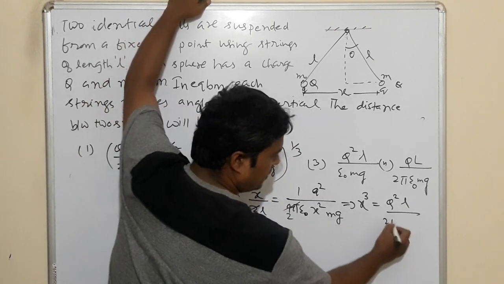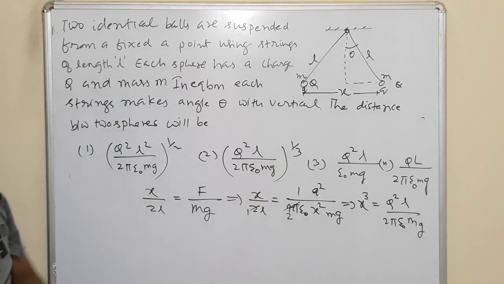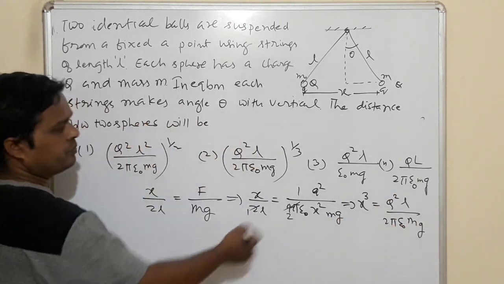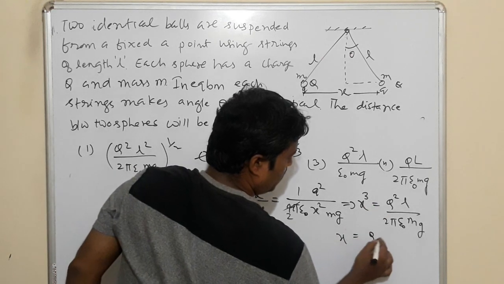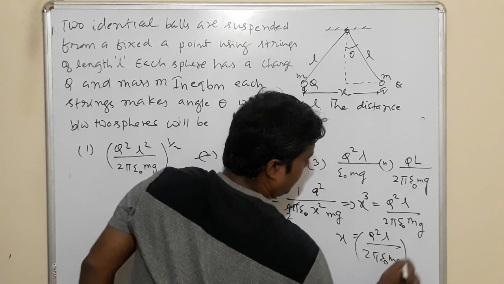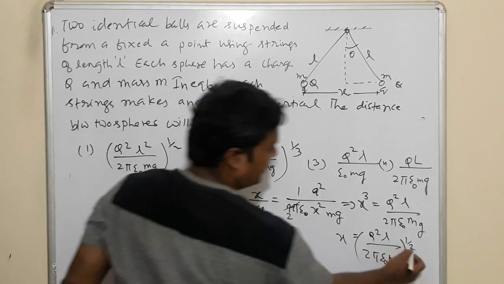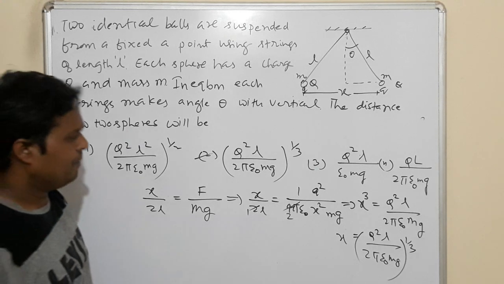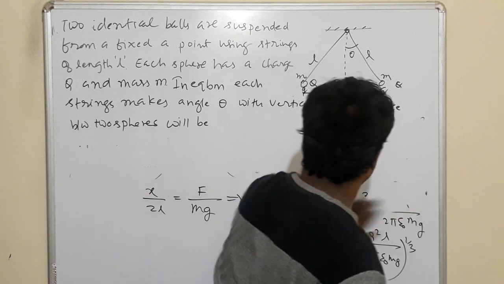X cube is equal to Q square L divided by 2 pi epsilon naught mg. What is x now? X is equal to Q square L divided by 2 pi epsilon naught mg, raised to 1 by 3. Followed? Very simple question. See, another question we solve based on this only.